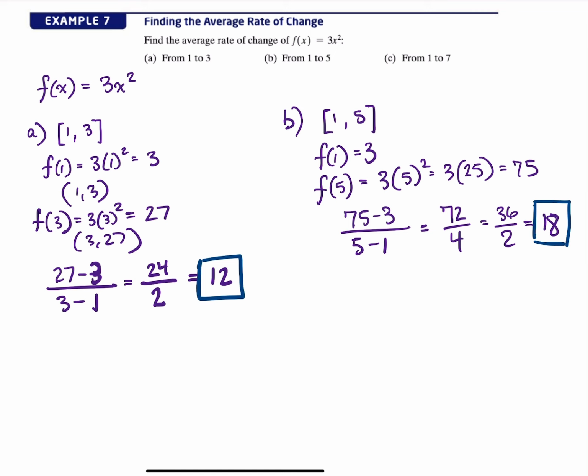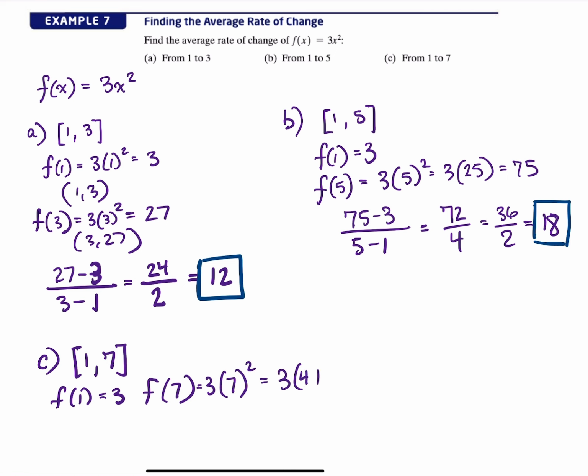Cool, let's look at c. Now we're looking from 1 to 7. We already know f of 1 is 3, so we've had the same starting point. Let's find f of 7. So that will be 3 times 7 squared, so 3 times 49, which is 147.